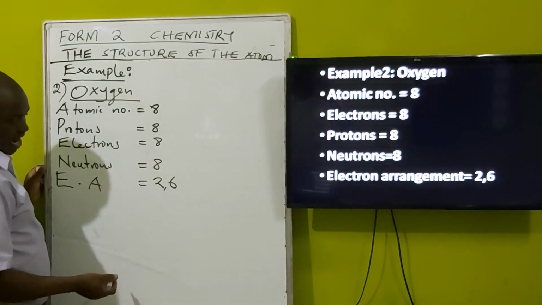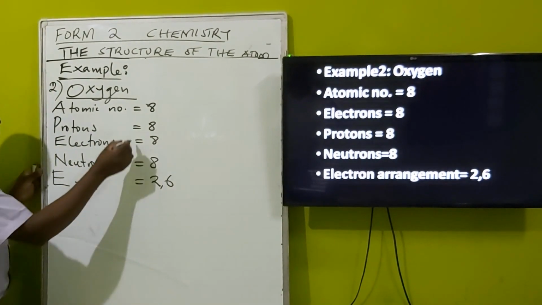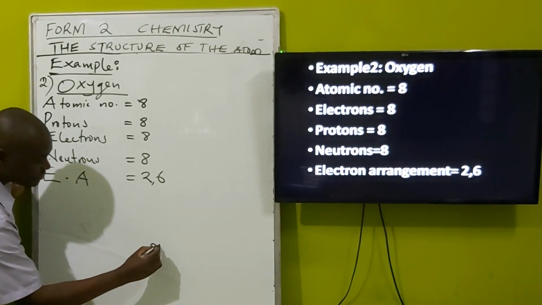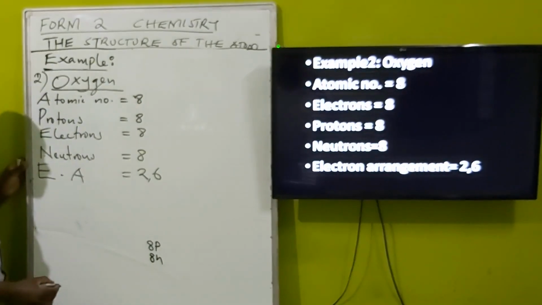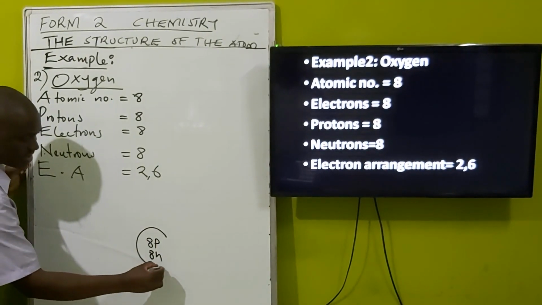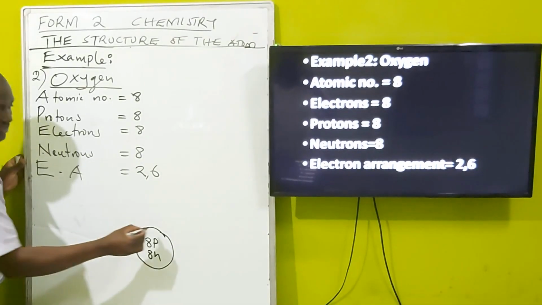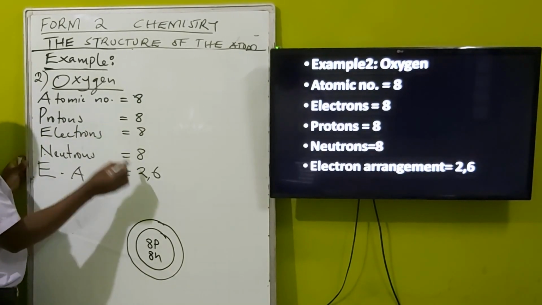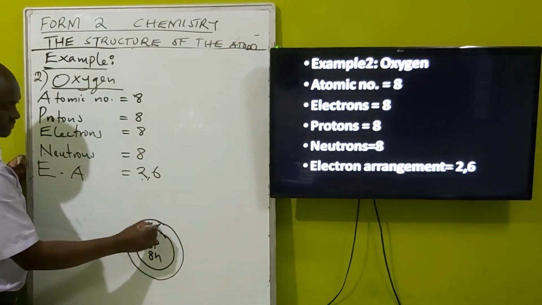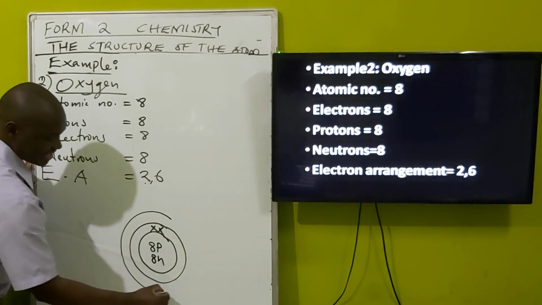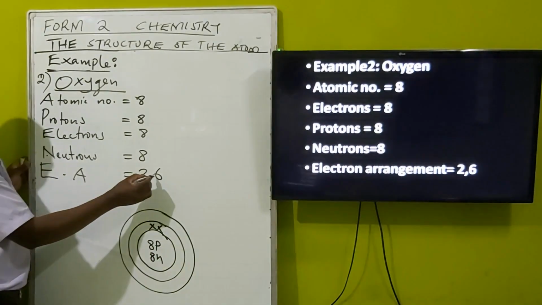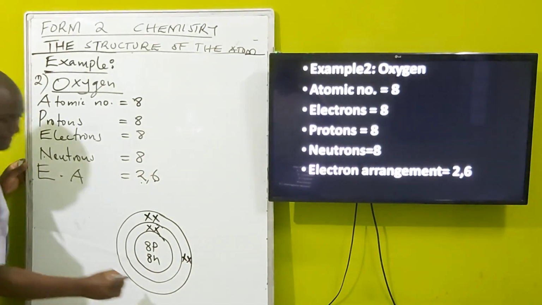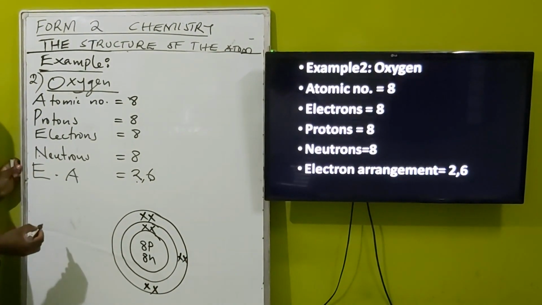2 electrons in the first energy level, 6 electrons in the second energy level. So we can draw protons and neutrons in the nucleus. 8 protons, 8 neutrons. The first energy level has 2 electrons. The second energy level has 6. So we have 2, we have 4, we have 6.